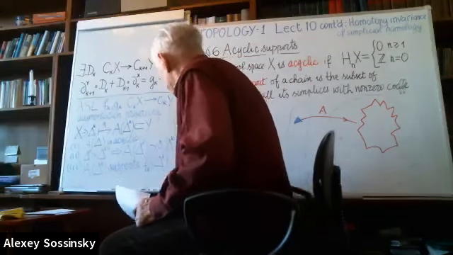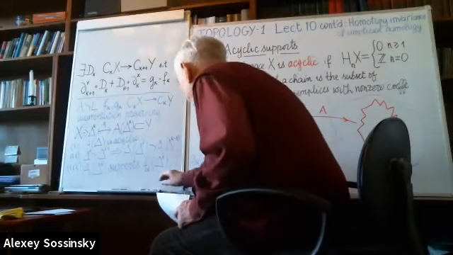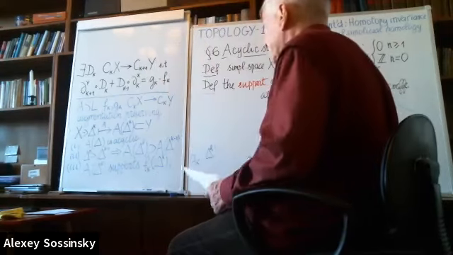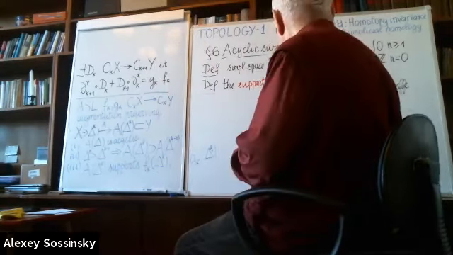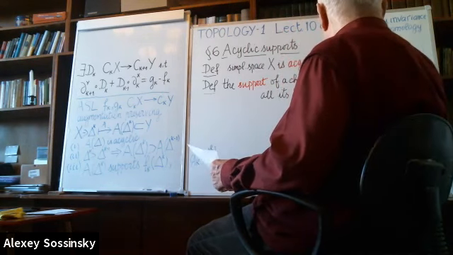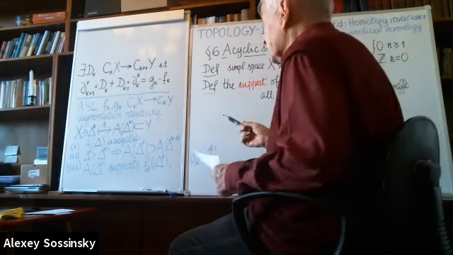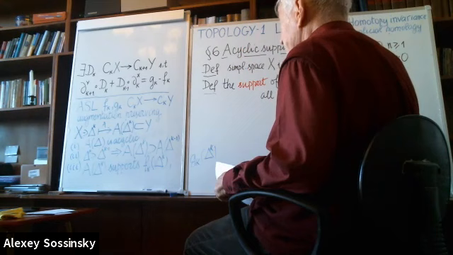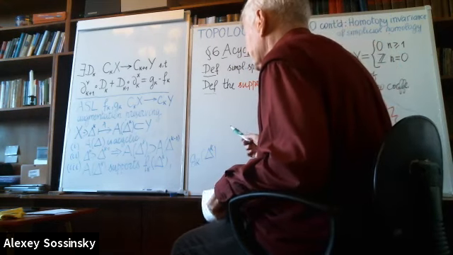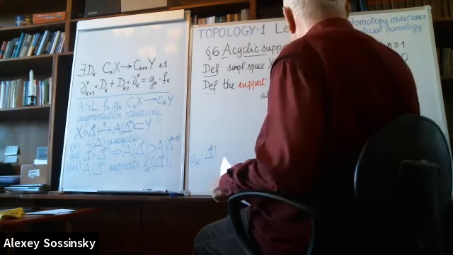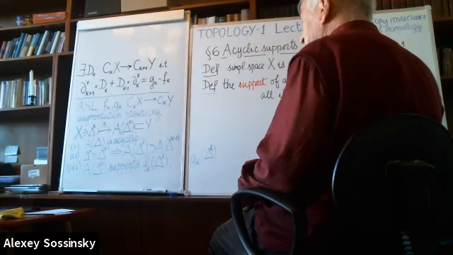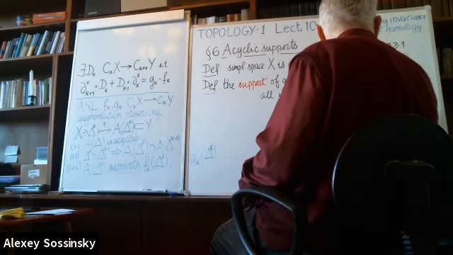So let's look at what happens here. We require that if we take F k of this chain, it will be some chain here.